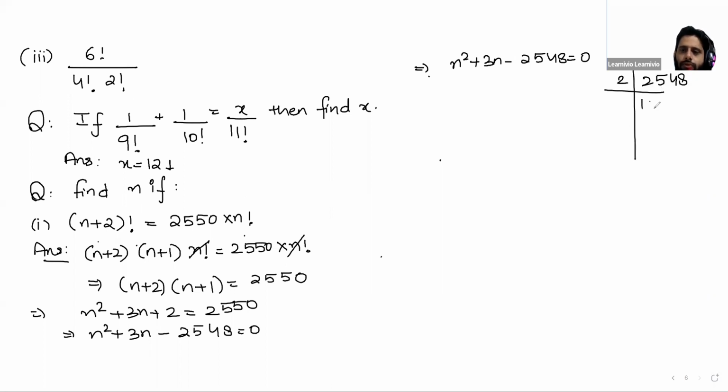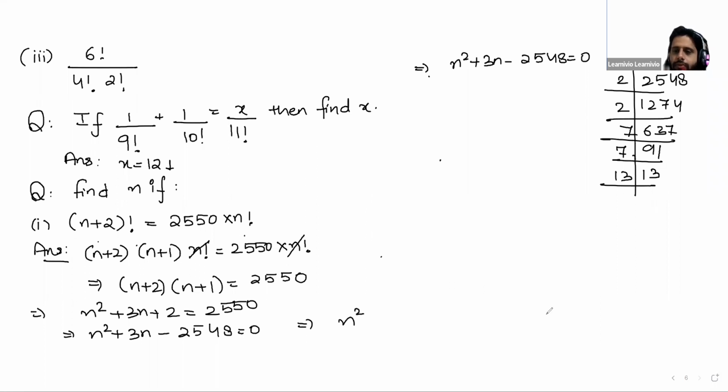This can be written as n squared plus 52n minus 49n minus 2548 is equal to 0.